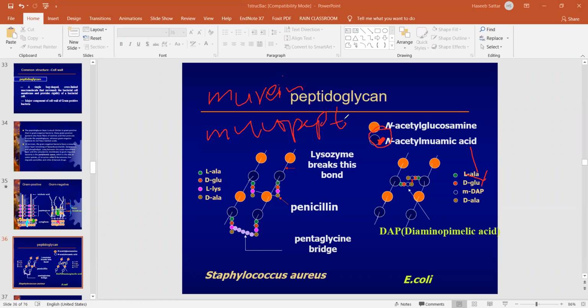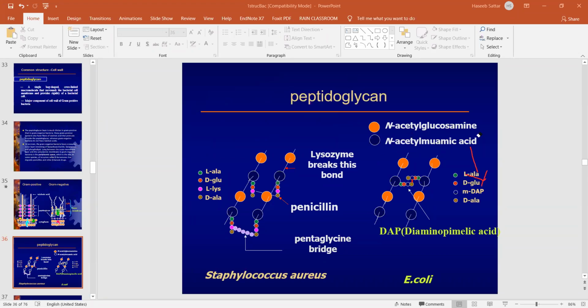These are also the synonyms, or you can say that these are also the same words which are used for peptidoglycan.